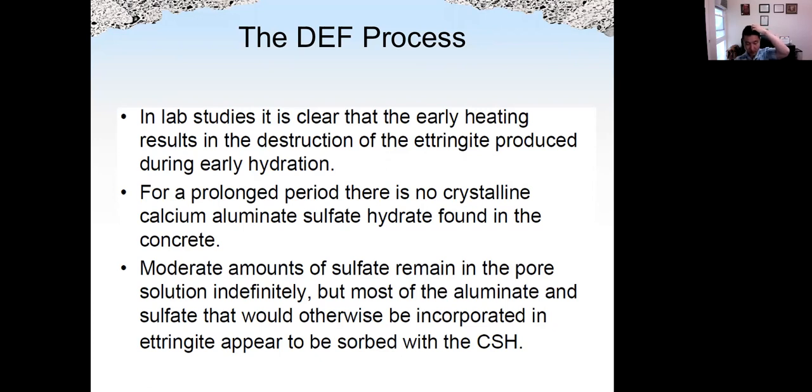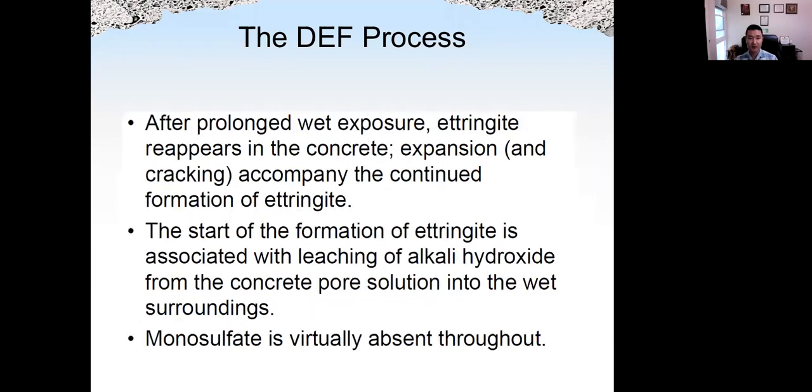And a moderate amount of sulfate remains in the pore solution, but most of the aluminate and sulfate from ettringite would be absorbed by C-S-H. Okay. And after prolonged wet exposure, so again, moisture is necessary for DEF, ettringite will reappear. Okay, so ettringite is formed again, which will cause expansion and cracking of concrete.